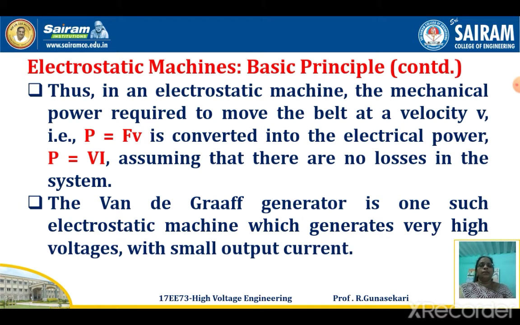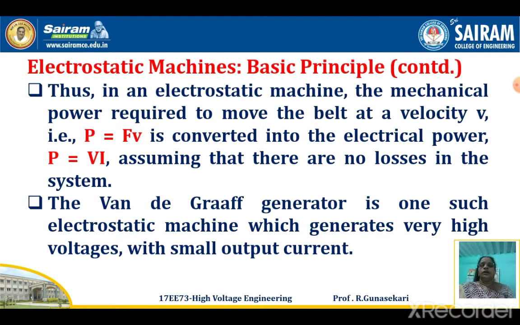This mechanical power is converted into electrical power, also denoted by capital P, but the formula is P equal to VI. So the mechanical power formula is P equal to Fv, and the electrical power formula is P equal to VI. We are assuming there are no losses in the electrostatic machine.